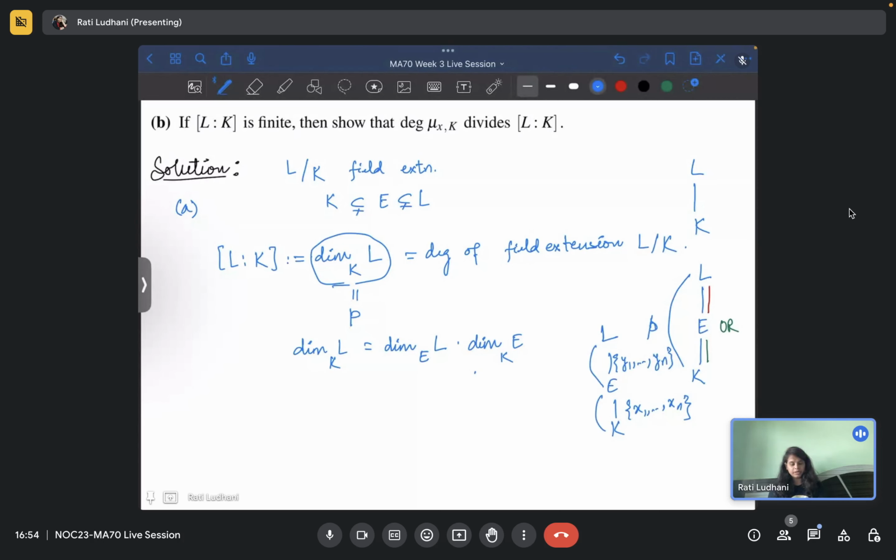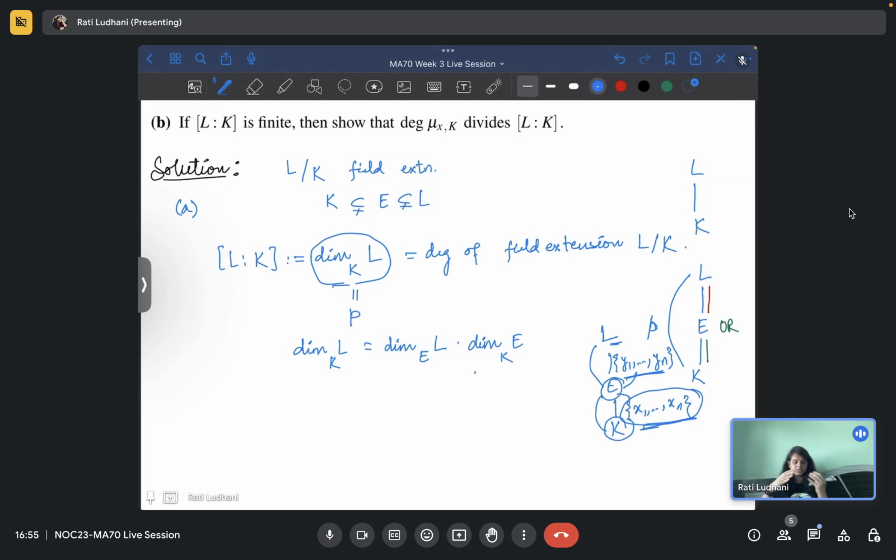So that means yi belongs to L, and we allow coefficients from E in this case, and in the x1 to xn case, these belong to E, and we allow K-linear combinations of these xi's.